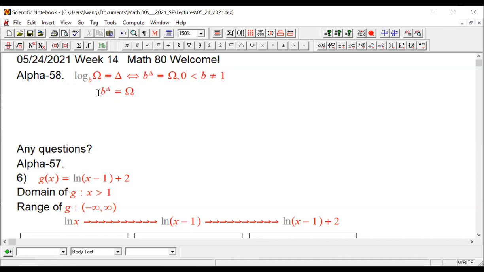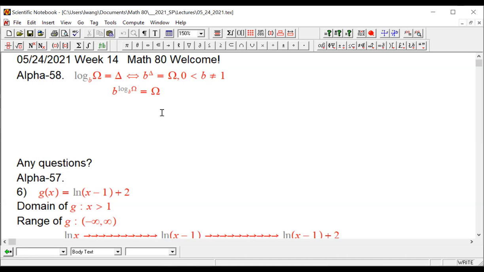So I'm going to take this b to the power of triangle, knowing triangle is the same as log base b of omega, and replace the triangle by its equal. That's what we got. You must do this yourself. I'm going to stop the share and you're going to do it yourself. Ready? Go.